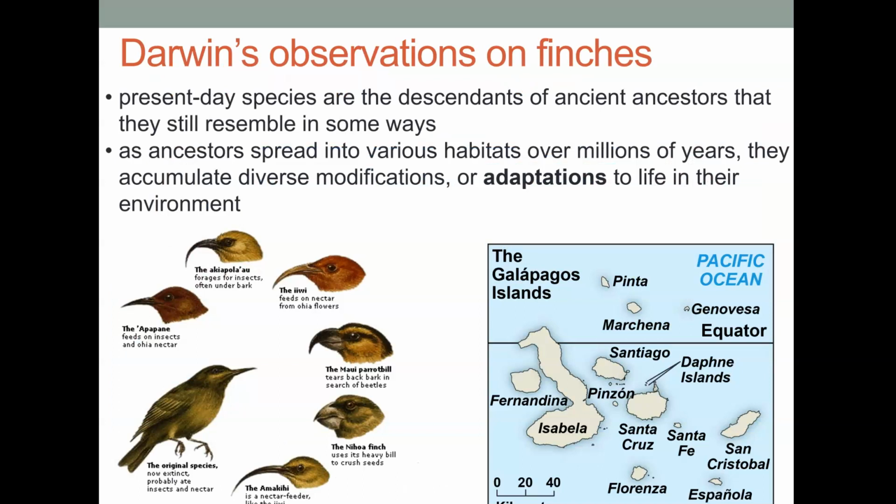He also looked at finches, the famous finches of the Galapagos Islands. So we had this original species of finch, now long extinct. He didn't find fossil evidence, but others have found fossil evidence of this original species of finch that was on the mainland, in South America. And as it progressed through these islands, they settled in the different islands of the Galapagos.